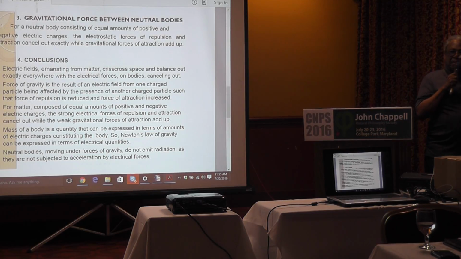Their orbits are closed. They move such that the change in potential energy is equal to the change in kinetic energy, and you have a closed elliptic orbit. If there were electrical forces between them, it would lead to some kind of radiation. But we don't see any radiation between neutral bodies moving around each other.